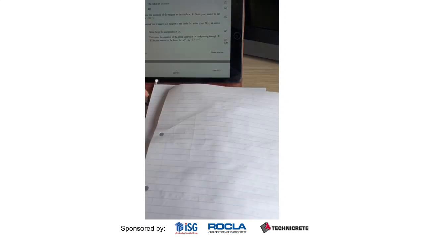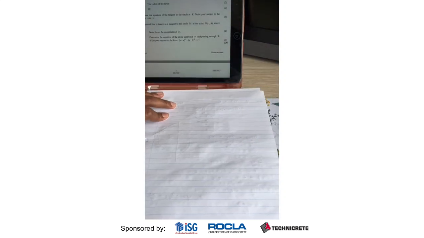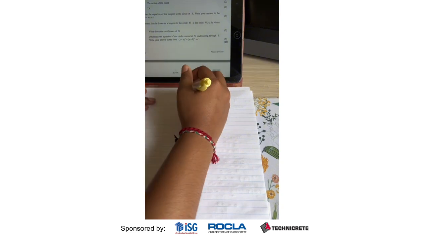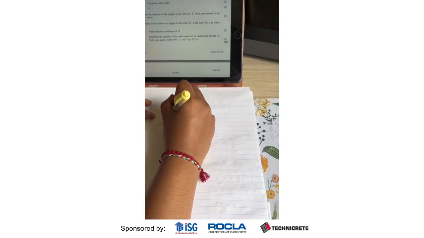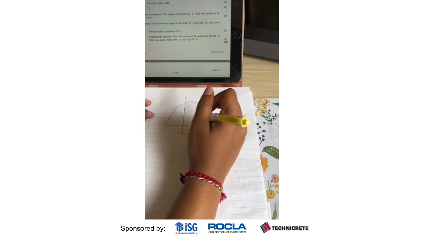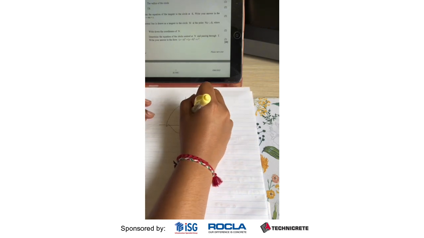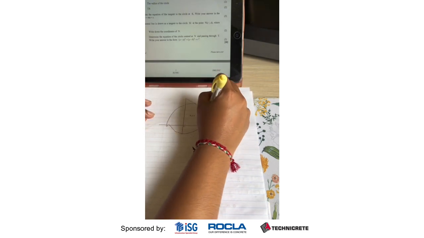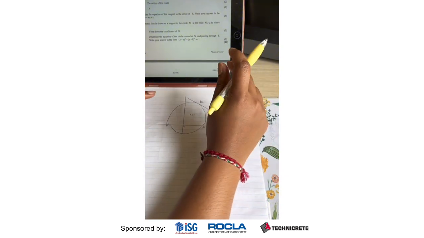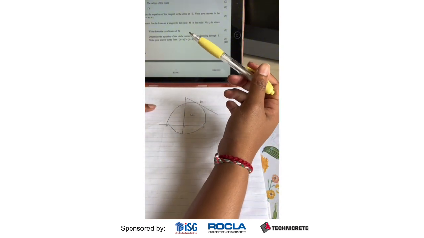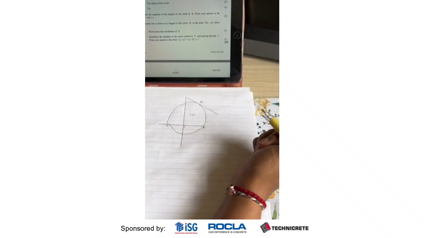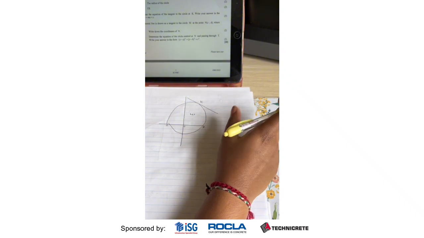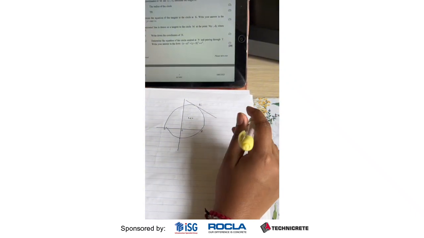The last question says, a horizontal line. Let's draw my circle once again, just so that it makes it easier for us to visualize. A horizontal line is drawn as a tangent to the circle M at a point N with coordinates C and D, which we don't know, where D is less than 0.